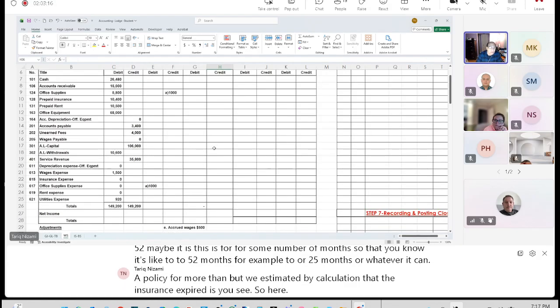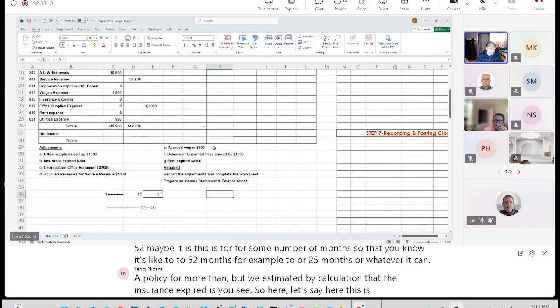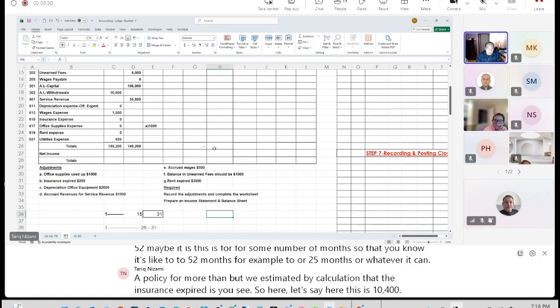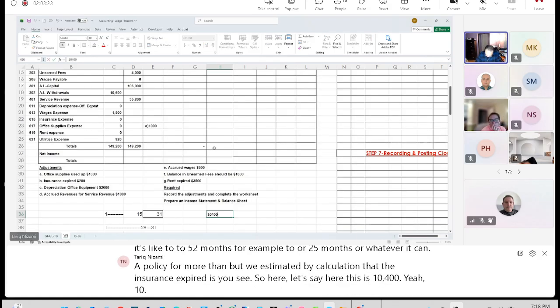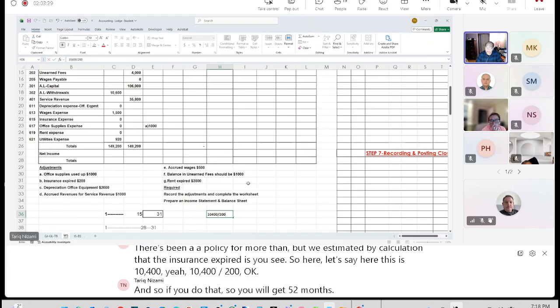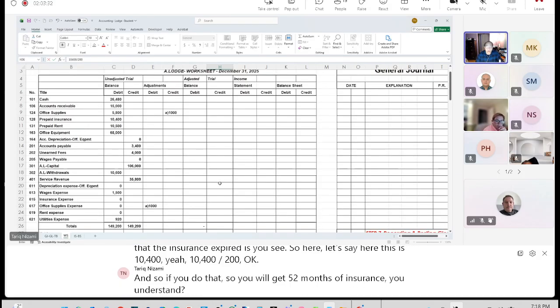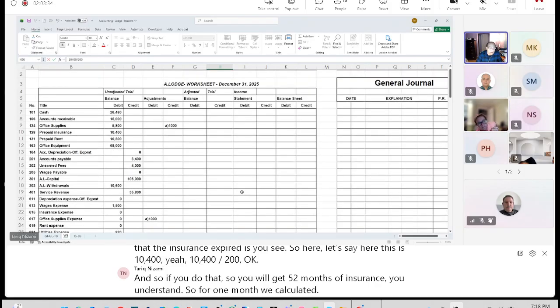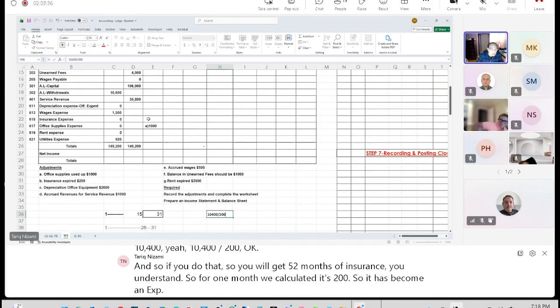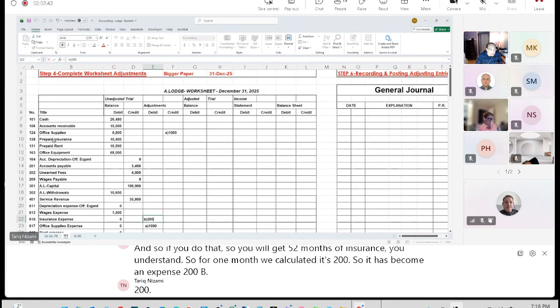so here, let's say this is 10,400 divided by 200, okay? And so if you do that, you will get 52 months of insurance. You understand? So for 1 month, we calculated it's 200. So it has become an expense, debit 200, and prepaid insurance credit 200.